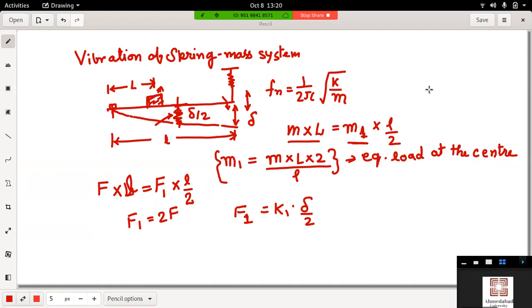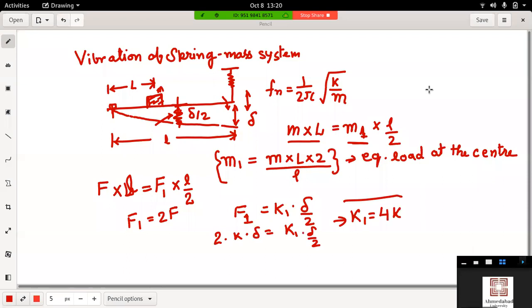And F1 we already know is 2F, that is 2K into delta, that is K1 into delta by 2, which gives that the value of K1 is 4K.